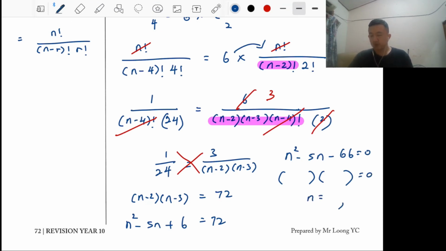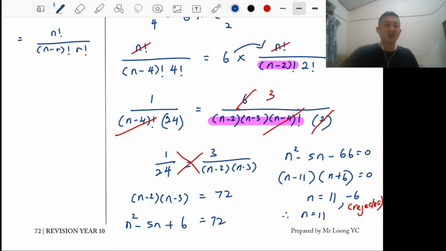I think it should be quite beautiful. So you can use cross factorization. Should be 11 or negative 6. n minus 11, n plus 6 as your working step M1 method 1. And you are going to reject the negative value. I told you why just now. So the final answer is just 11. Okay, that's all for now. Thank you.